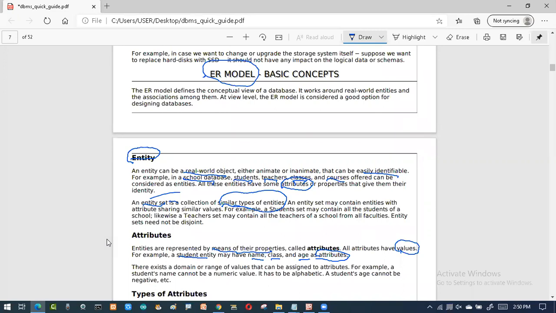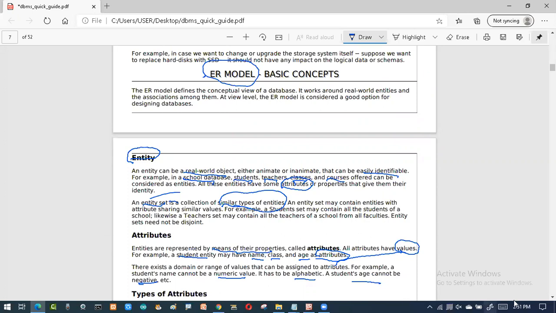The student name cannot be a number, it should be alphabets. Student age cannot be negative. That means we are going to give the values for that particular attribute. I will be storing the name in the form of alphabets, and the age in the form of numbers. So I should have some restriction to that.